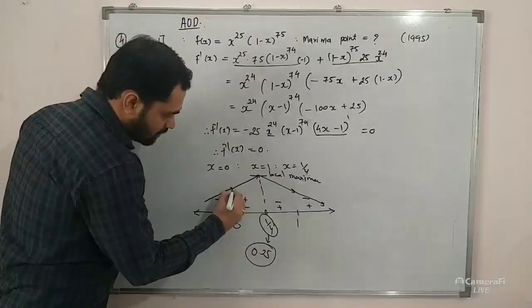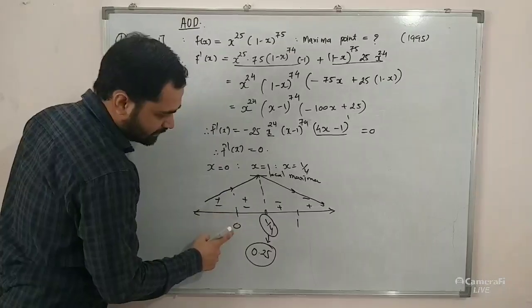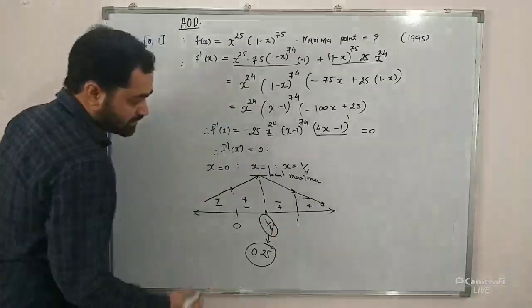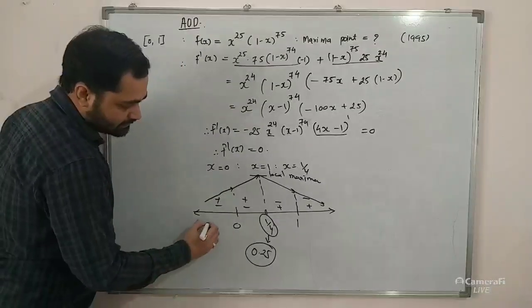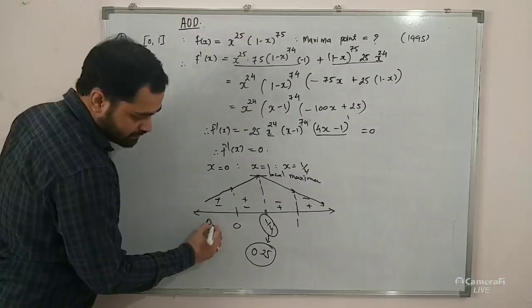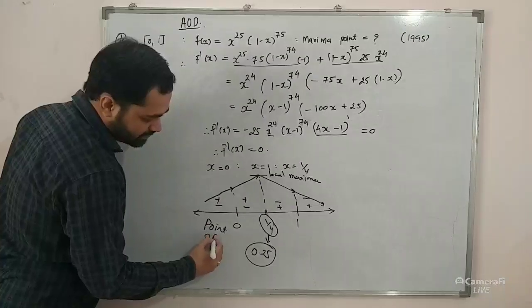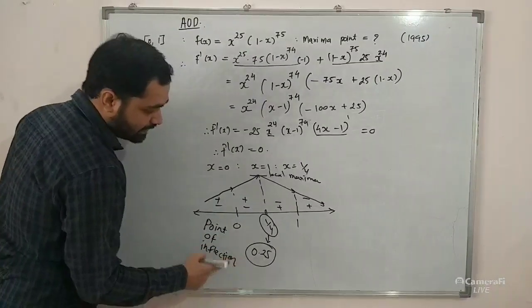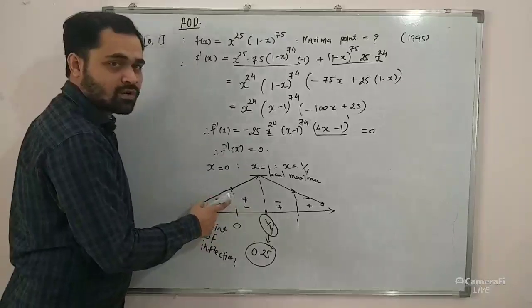And what about these 2 points, 0 and 1? 0 and 1 are which point? Point of inflection, because it is a critical point, but at that point the nature of the curve doesn't change.